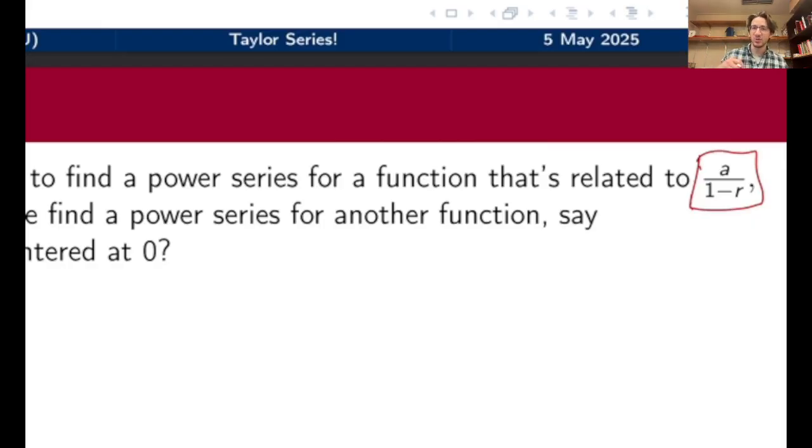Last time we did things where a was x and r was x squared, and we ended up with x over 1 minus x squared has the power series, the sum of x to the 2n plus 1, which is pretty cool.